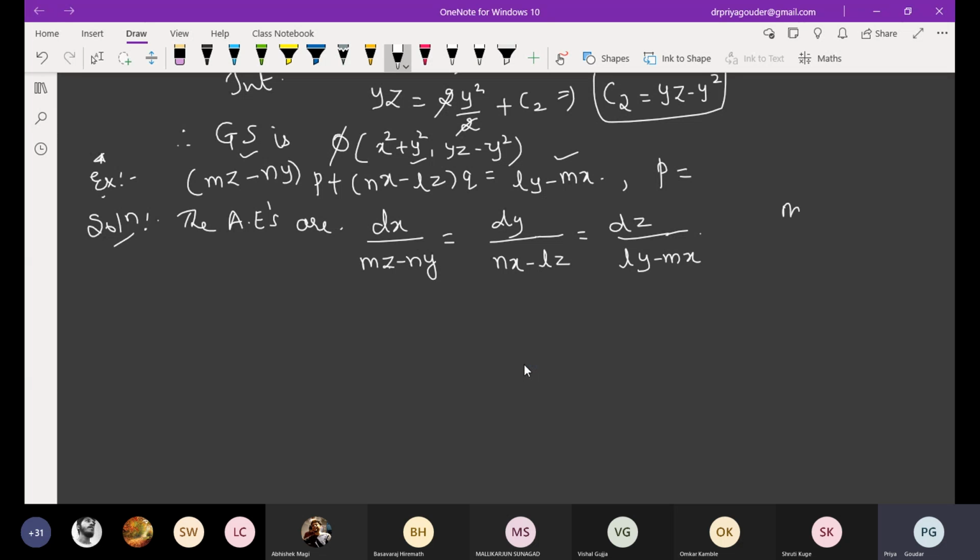Suppose this is mz minus ny, and here you have nx minus lz. This is a very important point. Now I should ultimately get the answer as 0, which means everything should get cancelled, yes or no?